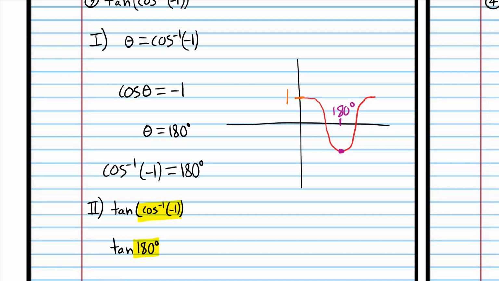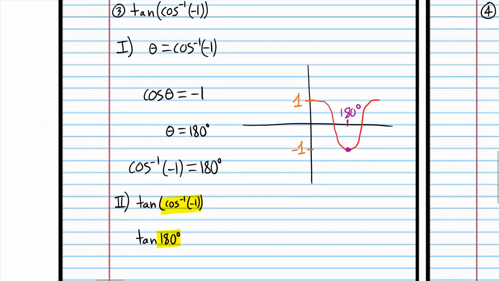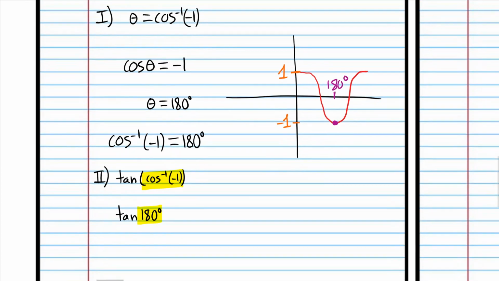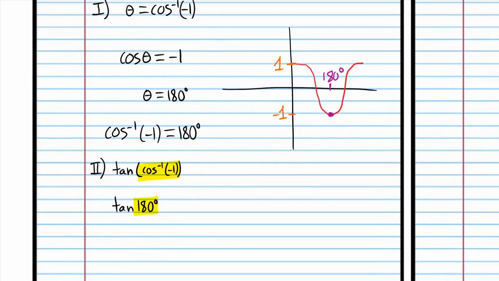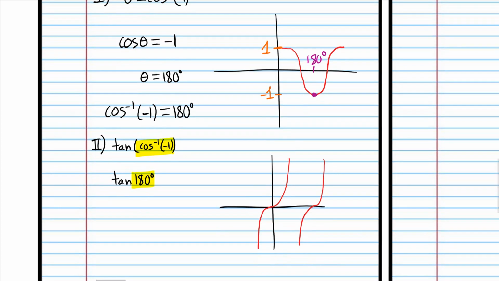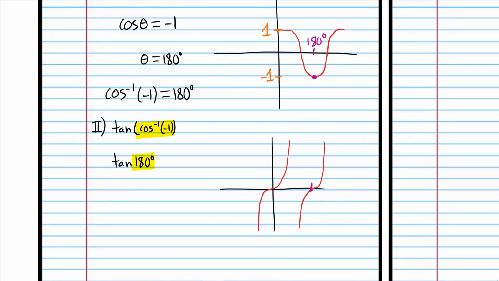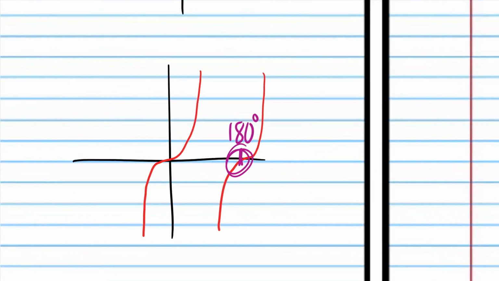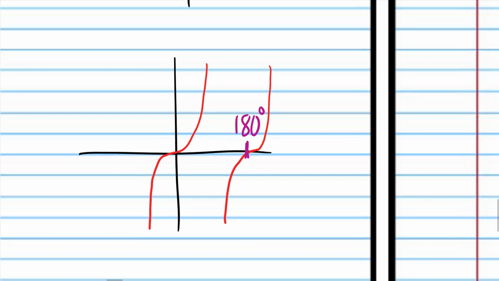It's kind of tedious having to draw all of these values there, but that's what that would look like. Now tangent 180 degrees, that's a different curve. Tangent is going to look like this, something like that. So 180 is actually going to be right here, and you can see that the y value of the point on the red curve is 0.